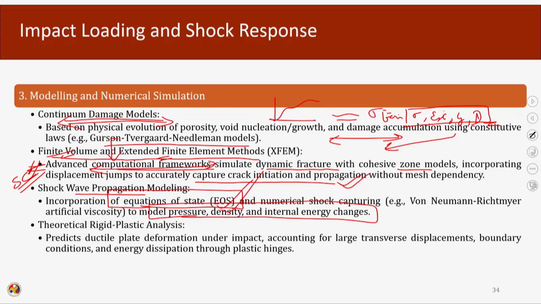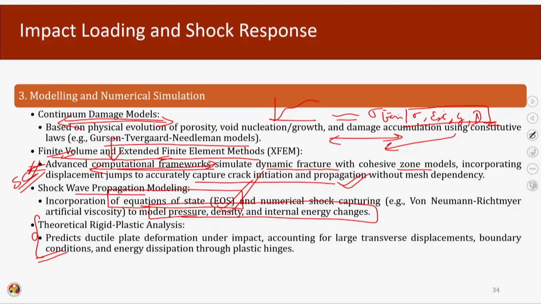Okay. And the material modeling can also be made using theoretical rigid plastic analysis assumptions. So, it can predict ductile plate deformation under impact, and it can also account for large transverse displacements, boundary conditions and energy dissipation through plastic hinges. This type of formulation can also be used to predict the behavior of the system.